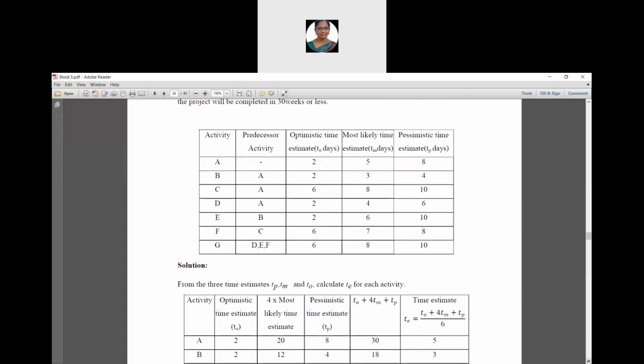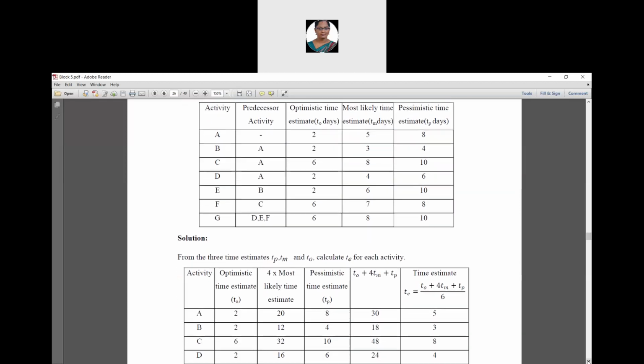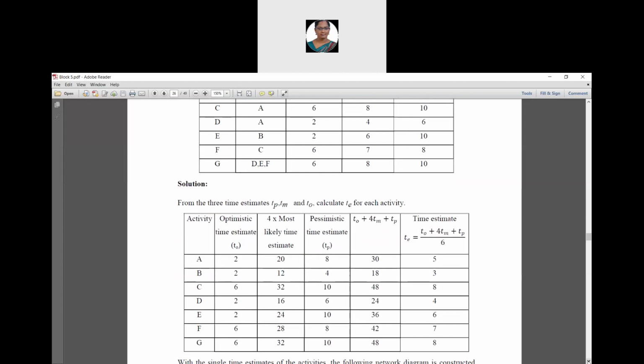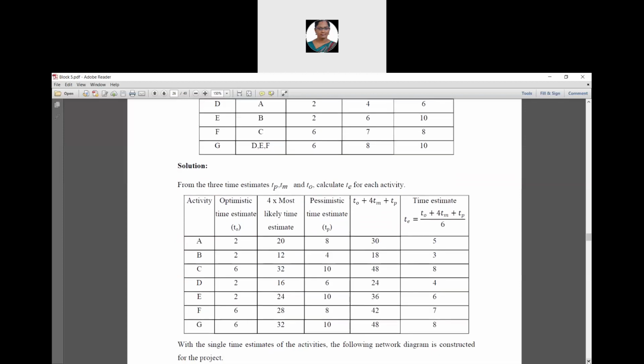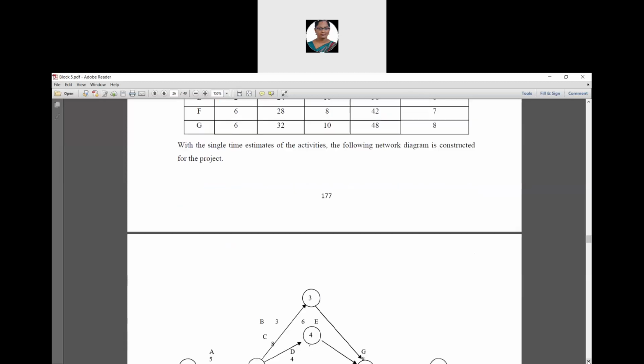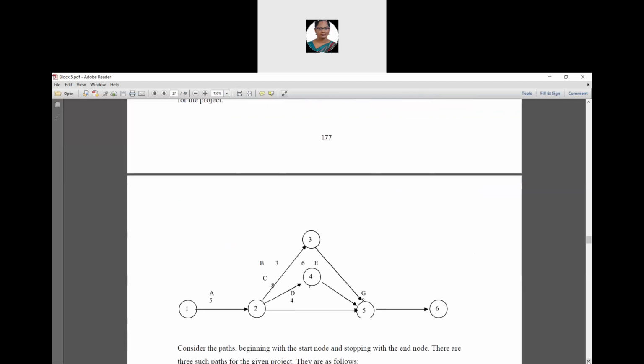First we are going to find the time estimate by using this formula: TE is equivalent to (T naught plus 4 TM plus TP) divided by 6. With the single time estimates of the activities, we are going to draw a network diagram. This is the network diagram for the given project.